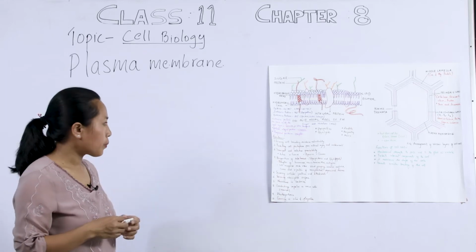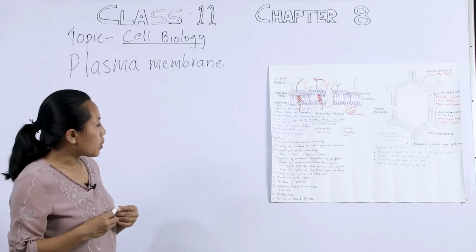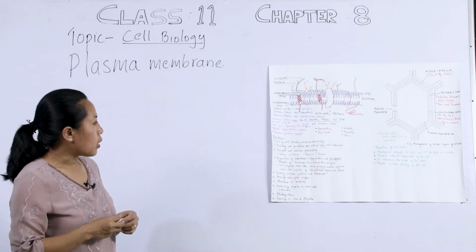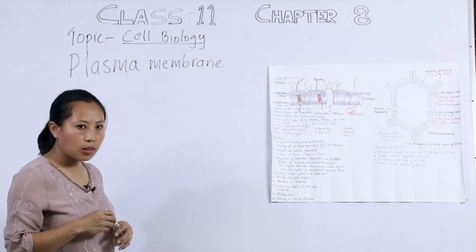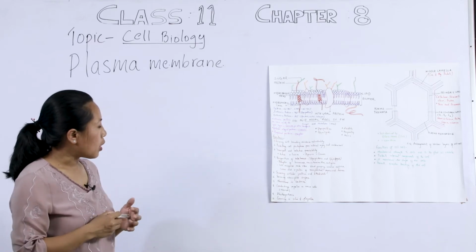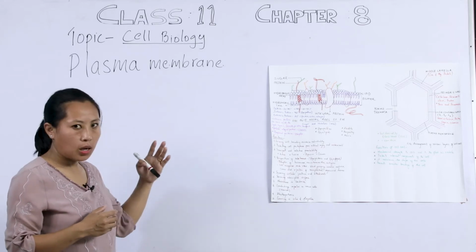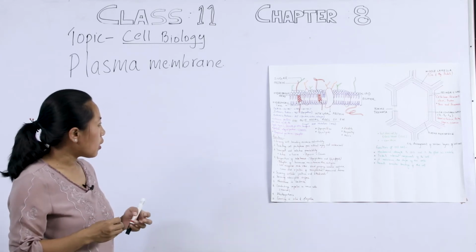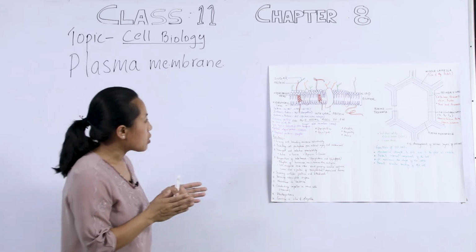The lipids in the plasma membrane are arranged in two layers. The lipid molecules are amphipathic: they have hydrophilic heads which face outwards, and hydrophobic tails which face each other.